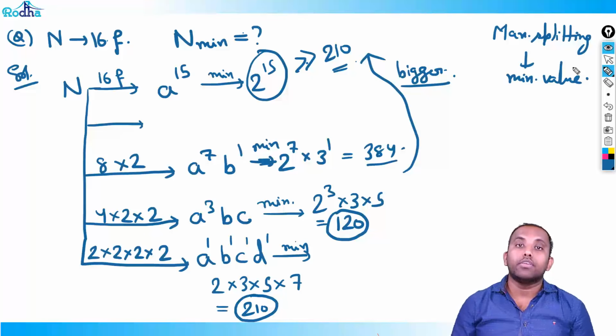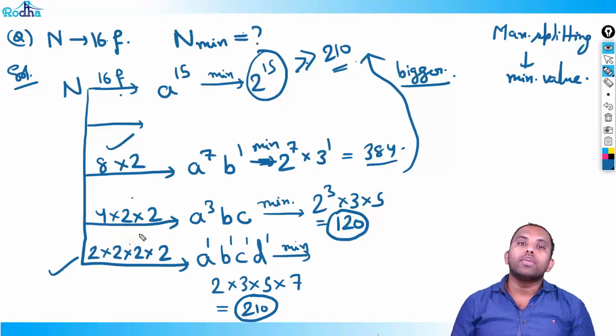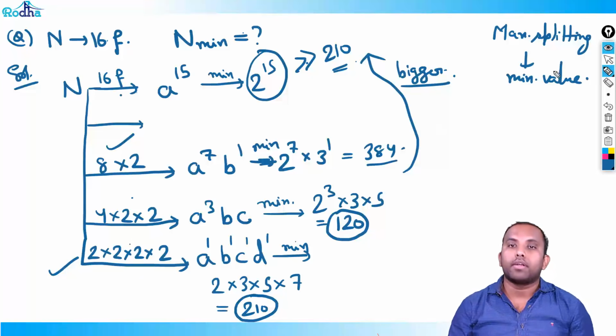Otherwise, if it is not true, as in this case, you'll get the answer around it only. Suppose 16 can be split into one part, two parts, three parts, and then four parts. If four parts won't give you the answer, then three parts will do. So the answer will not lie very far if you split into the maximum parts.